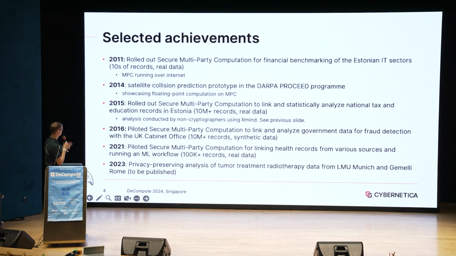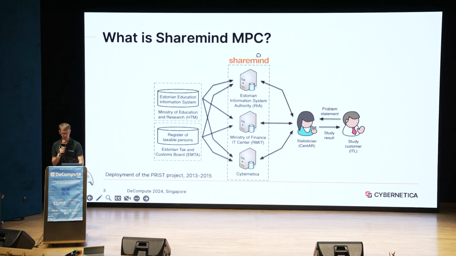The next one is 2015, which is actually the deployment here. There we put together tax data and education data to answer questions like whether IT students in Estonia are dropping out of their studies because IT companies are hiring them early on and then they don't have time or motivation to finish their studies.